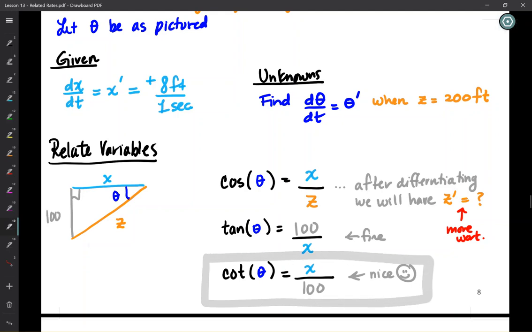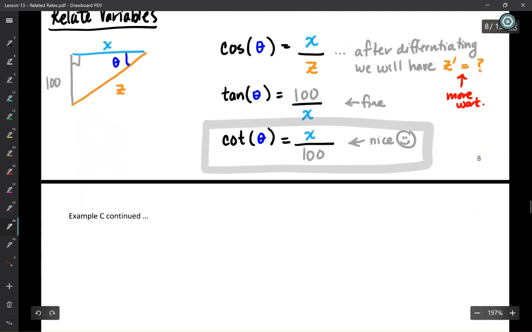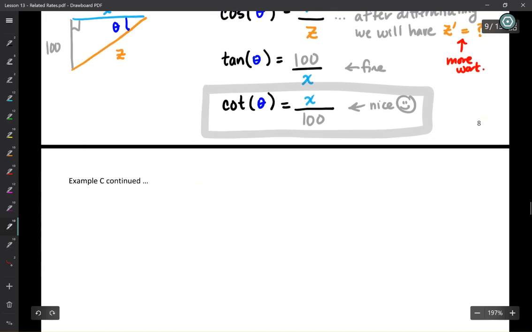All right, after we relate our variables, what we want to do is take the derivative of both sides with respect to time.